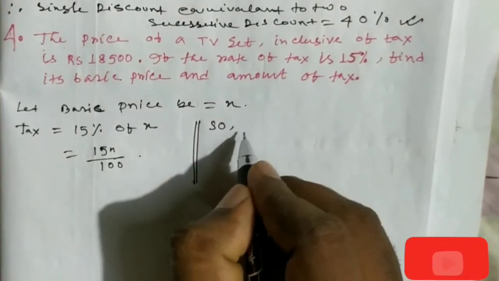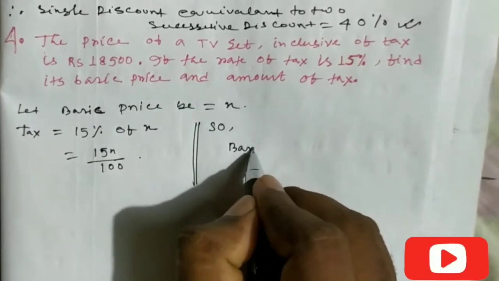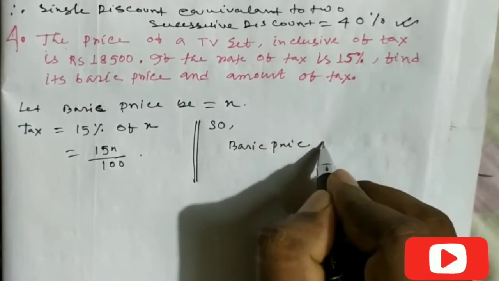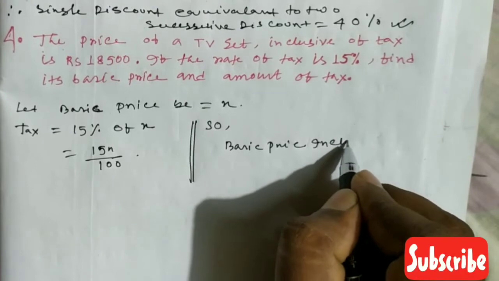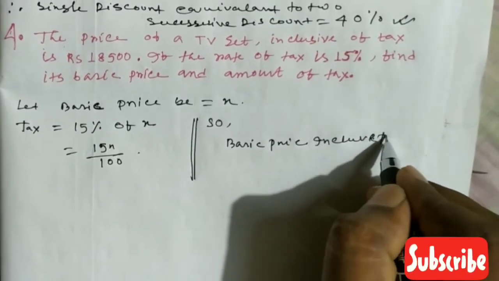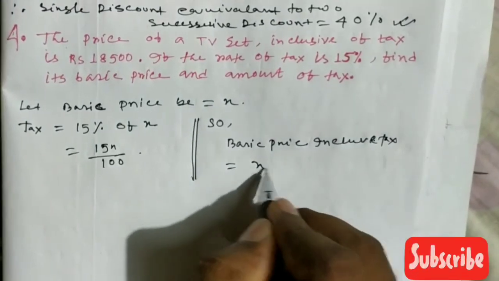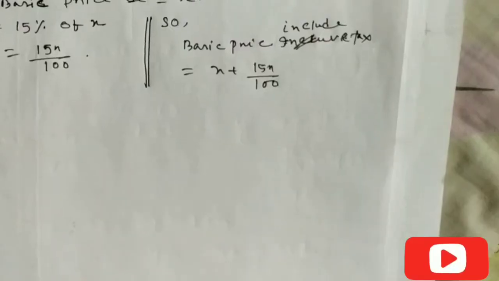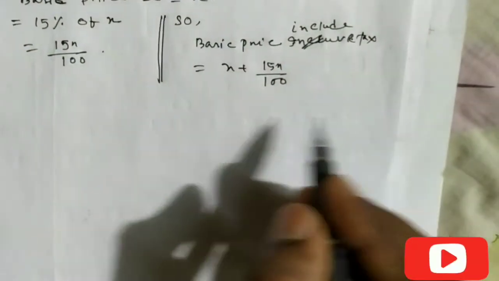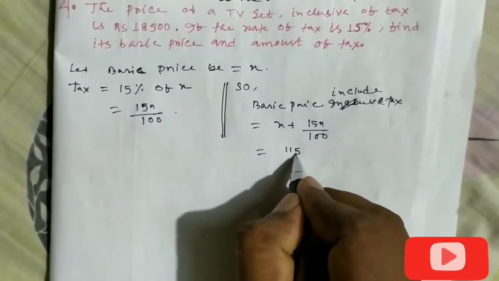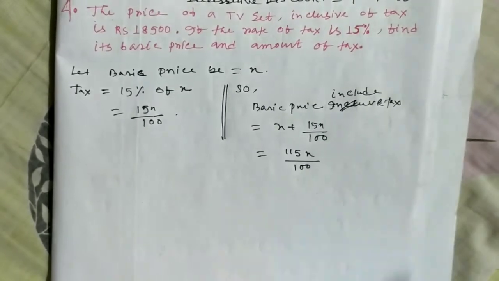So basic price including tax is equal to X plus 15x by 100, which is equal to 115x by 100.